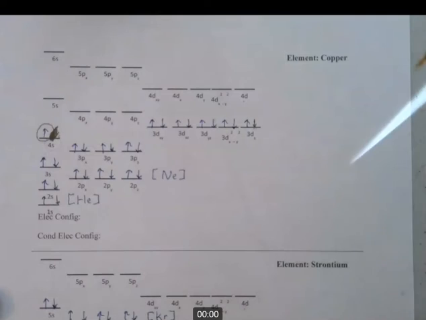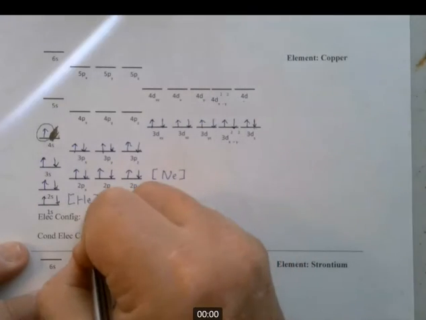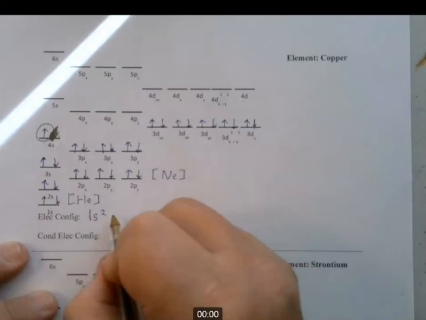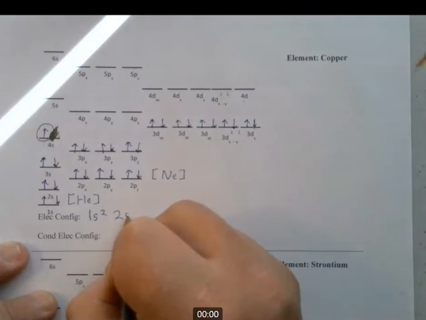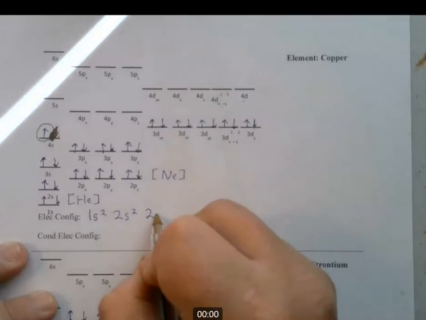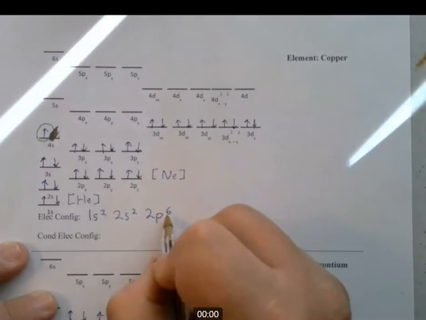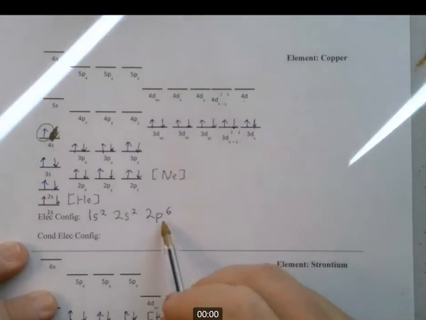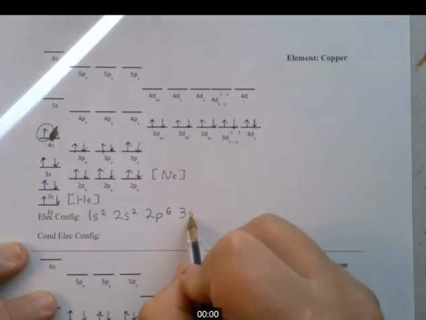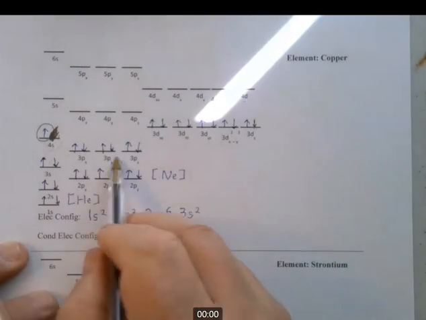So let's go ahead and write the electron configuration. So it's going to be 1s2. Then you get to the second s orbital, 2s2. Then you get to the p orbitals, 2p, and you have 6 of those. Okay, and that's a full p orbital. That's neon. And then you get to 3s2, and then you go to 3p.